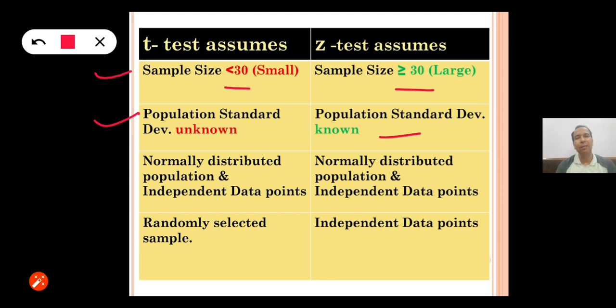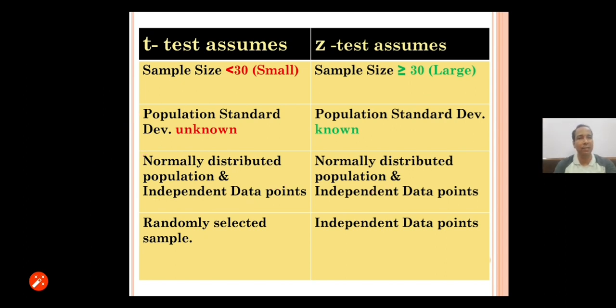The third point is that the population should be normally distributed, which is required for both t-test and z-test, and data points should be independent of each other, which is also required for both cases. Last but not least, the sample or samples should be randomly selected. This is of great importance, and it is a requirement for both types of tests, whether t or z.